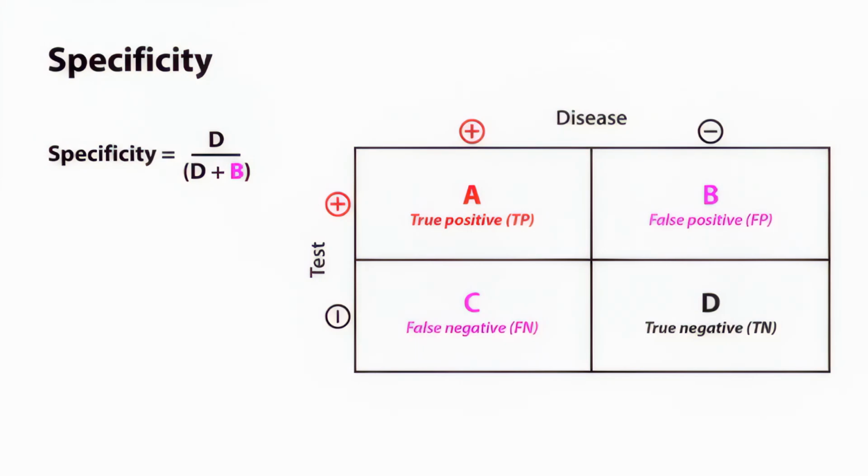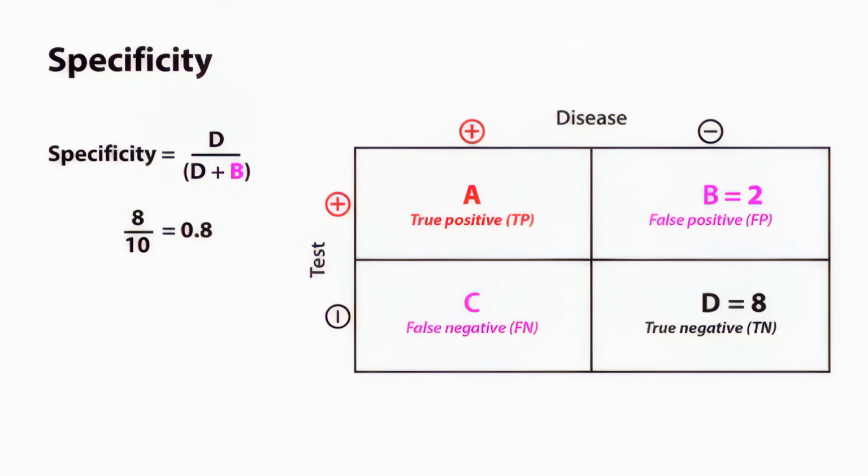So let's say that you had 10 people without disease A that you tested using the new screening test. Of the 10 tested, 2 tested positive and 8 tested negative. To calculate the specificity of the test, you would put the number of true negatives in the numerator and the total true negatives plus false positives in the denominator. In this case, it would be 8 divided by 10, which equals 0.8 or 80%.